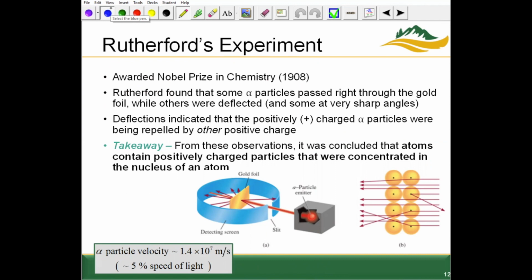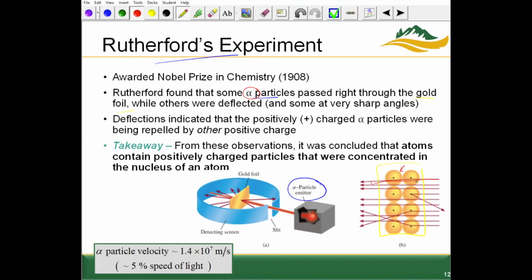Now, using radiation, so what we just talked about, Rutherford designed this experiment. We remember that alpha particles are positively charged, and what Rutherford found is that when positively charged alpha particles are passed through this pure gold foil, some of them were able to pass straight through the gold foil, which we know now is composed of these gold atoms.